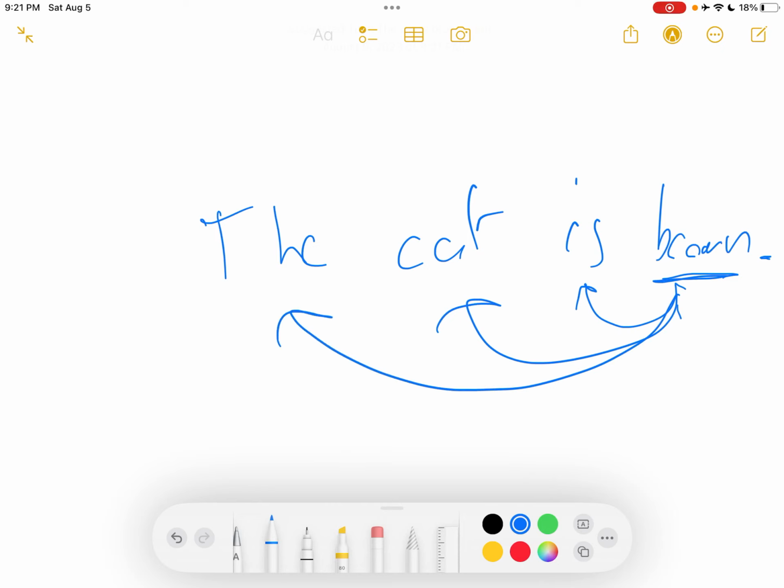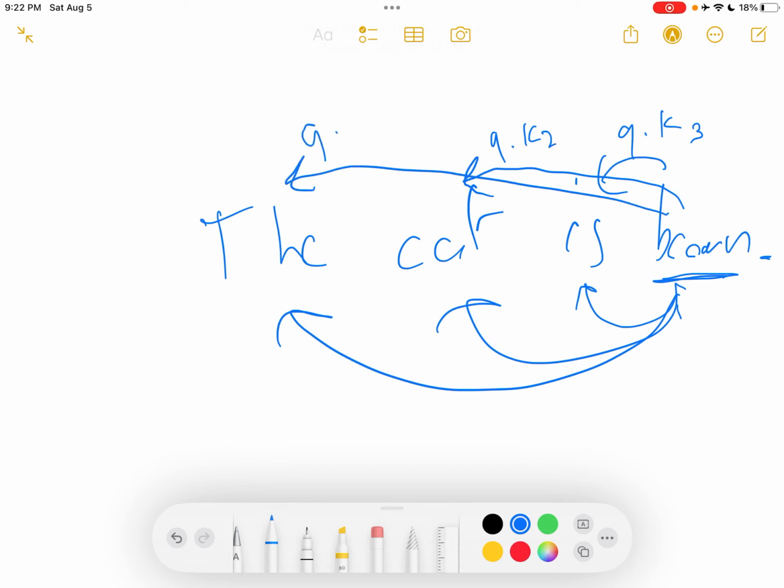And what we did with ALiBi is the further away a word is, so here the computation is Q times, let's call this key 3, and then here the computation is Q times key 2, and this is Q times key 1. So instead of just computing these attention values like normal, which is what you normally do, we just add a bias that increases the further away a pair of words is from each other.